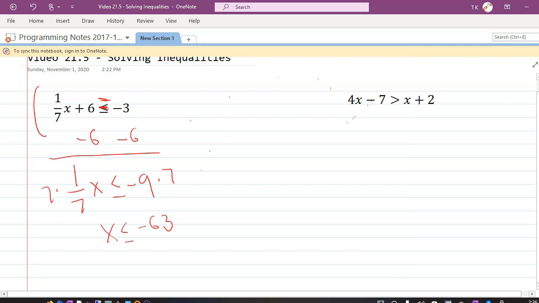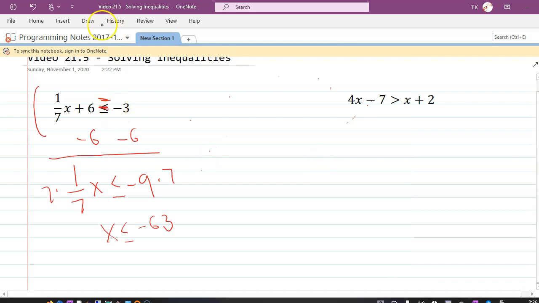All of the steps that I did are steps that you would do if you had an equation, and therefore they're the steps that you do when you're solving an inequality. One of the big differences between inequalities and equations is just the nature of your answer.